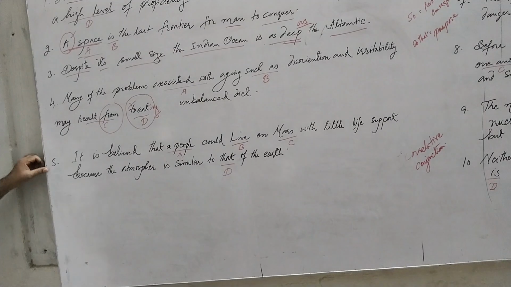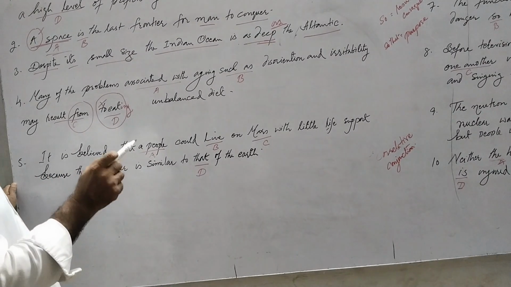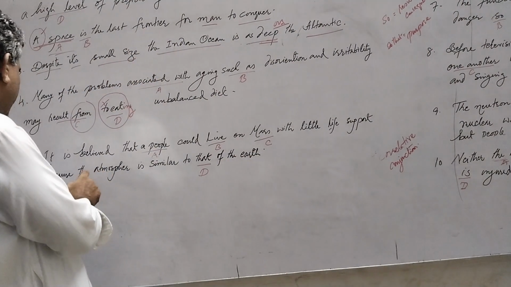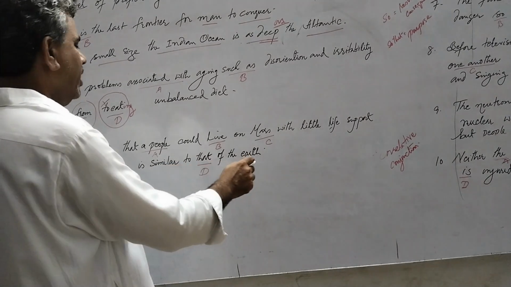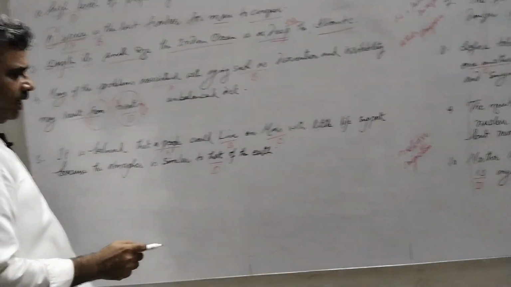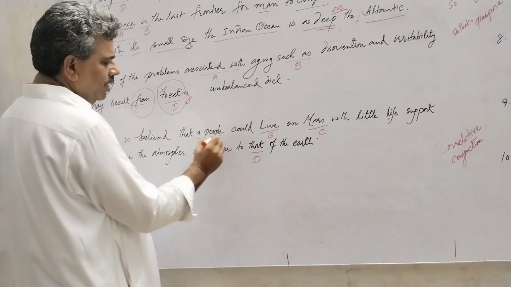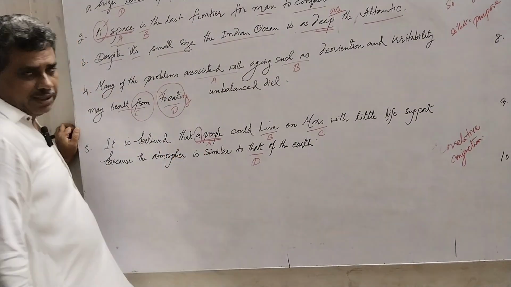Now we come to the fifth sentence. It is believed that a people could live on Mars with little life support because the atmosphere is similar to that of the Earth. We look here that here is a word people, and here is an article kept with it.